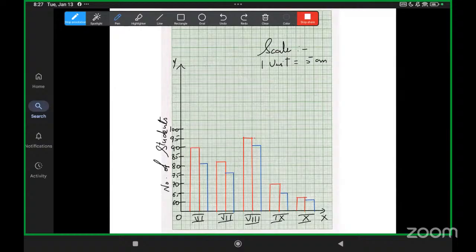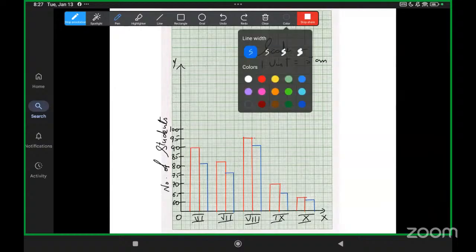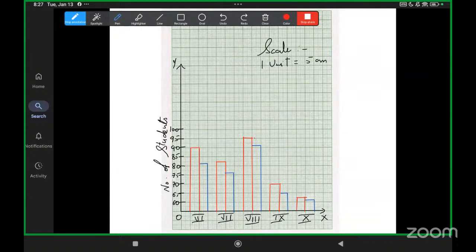Okay. Then make a red box. Write total students.